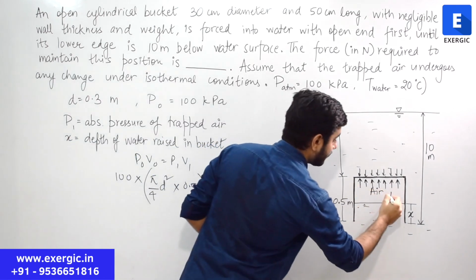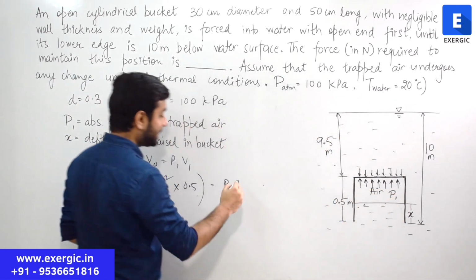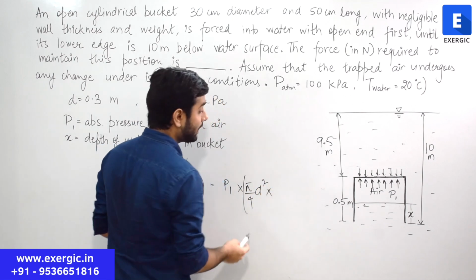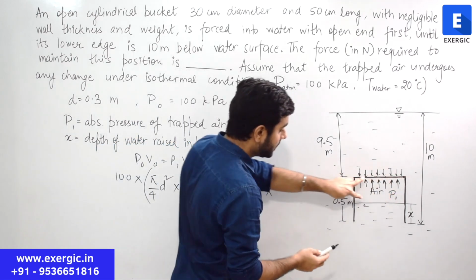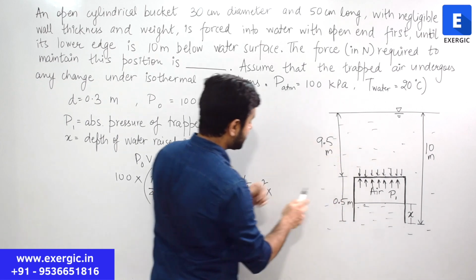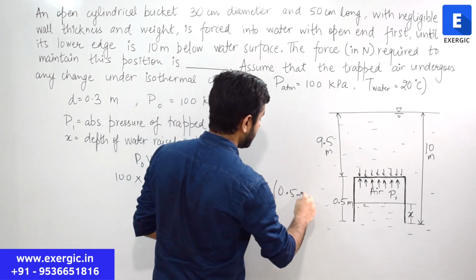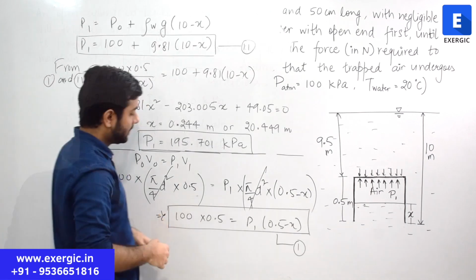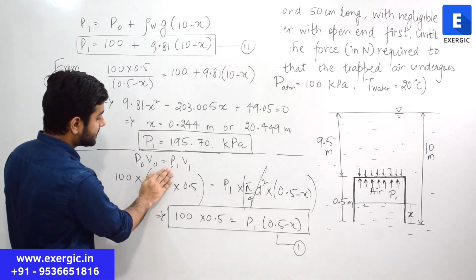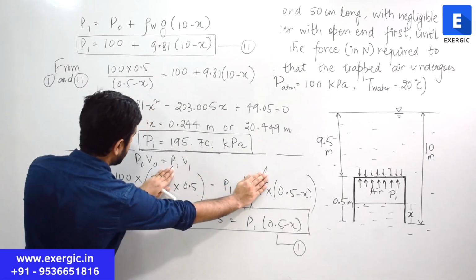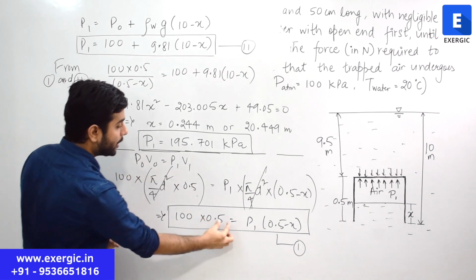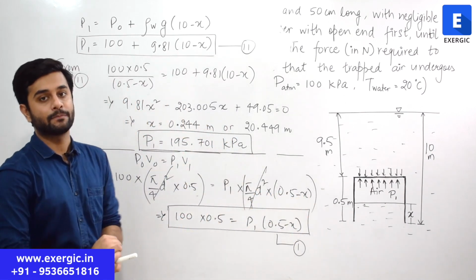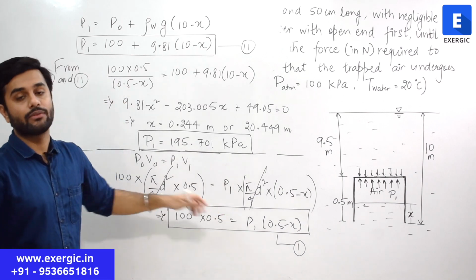This is the value of P1 multiplied by how much is the volume now? Pi by 4 d square multiplied by this much height. How much is this? 0.5 minus x. This and this will cancel out obviously. So in this equation, this term and this term are gone. So what do you have? 100 multiplied by 0.5 is equal to P1 multiplied by (0.5 minus x), right? This is the first equation that you have got.